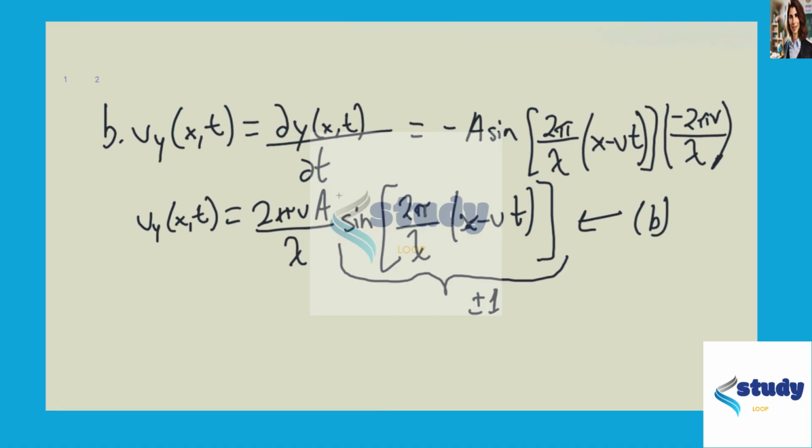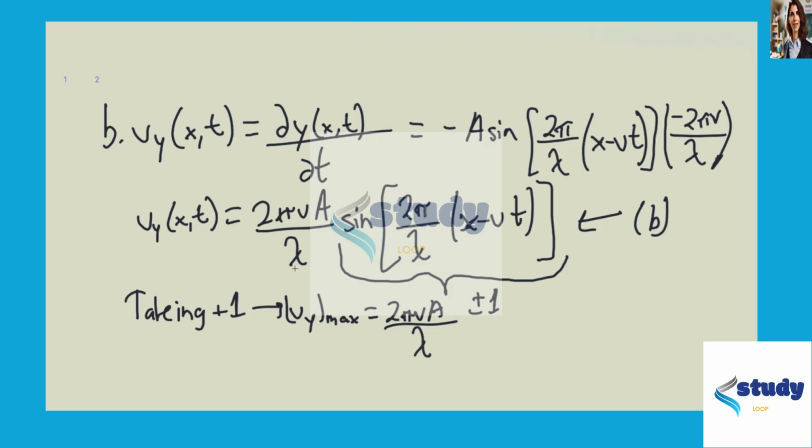So vy(x, t) will reach a max when this sine term is plus or minus 1. We're going to take plus 1 just for convenience, and this will mean that the vy max will equal 2 pi v a over lambda.